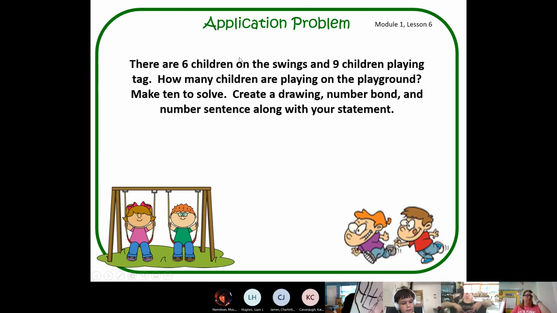All right, so 10 plus 5 equals 15. So there were 15 students playing on the playground.